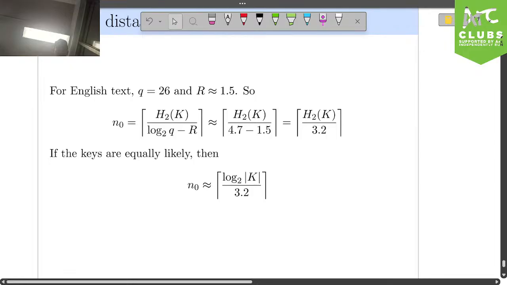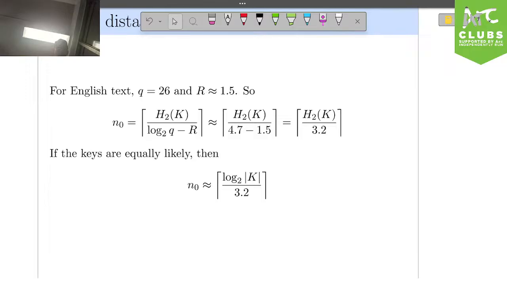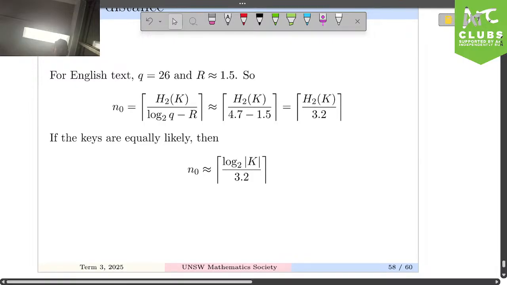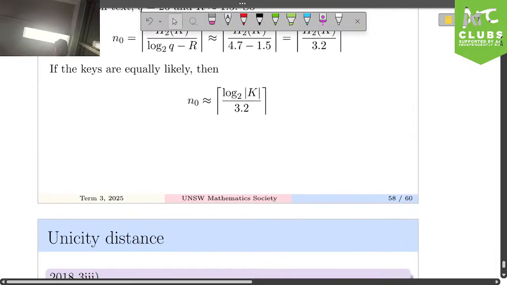For English, we have Q equal to 26, that's how many letters are in the alphabet, and R equal to 1.5, that's the information rate, specific to English. Following that, you just get the formula. And then of course you have H, the entropy, which just goes to log base 2.